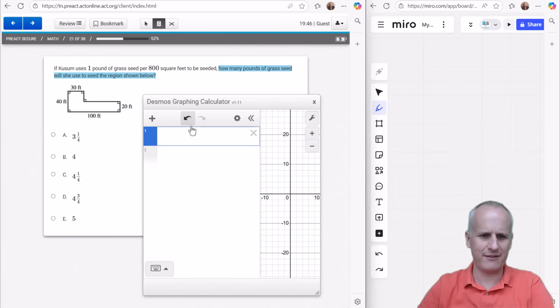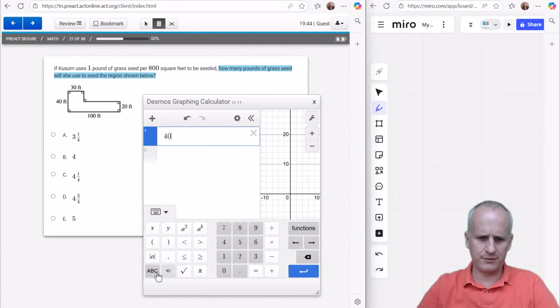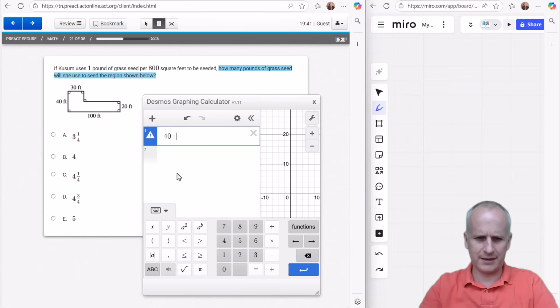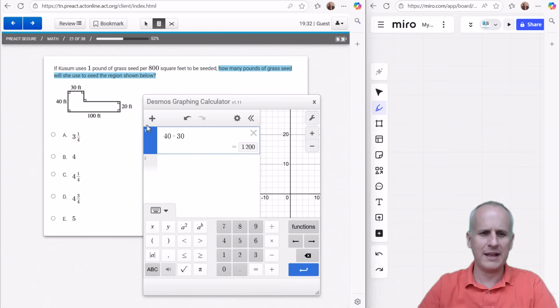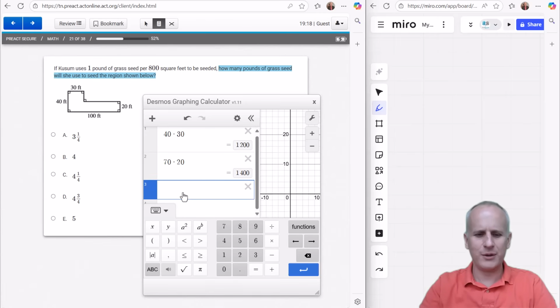I could see that I could have a 40 times 30 for a 1,200 square foot region if we just imagined a vertical line going all the way down. And then that would turn this 100-foot length into a remaining 70-foot length, 100 minus 30, and 70 times 20 is going to give me 1,400. We just add that 1,200 to the 1,400 to find we've got 2,600.